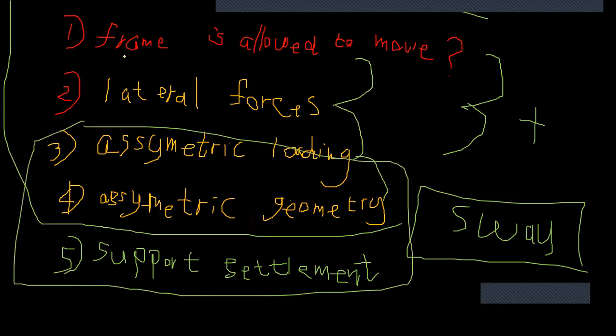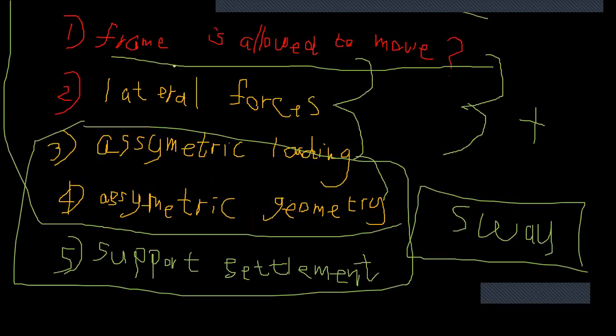So this is kind of a preliminary check, right? This will only move if it is allowed to move, right? Otherwise it is not, right? But in the support settlements, even if it is not allowed to move, the support moves, right? So that we cannot do anything, right?